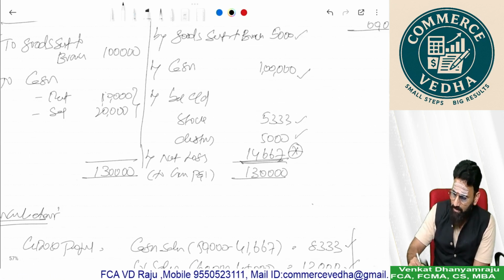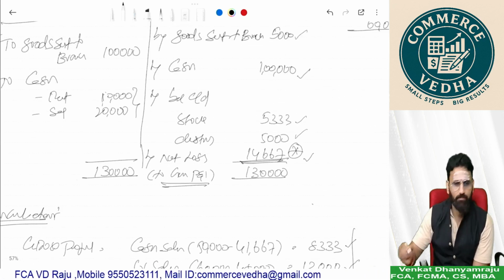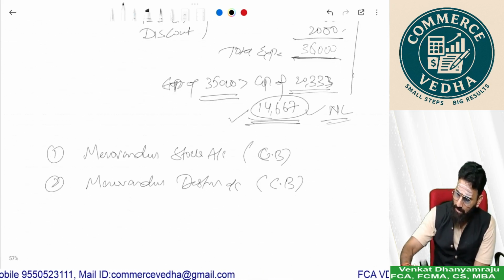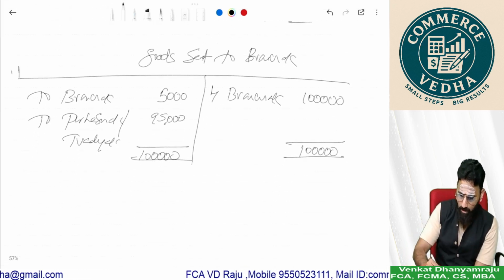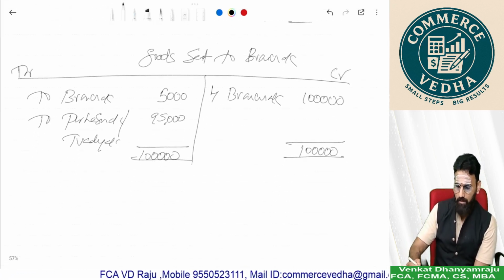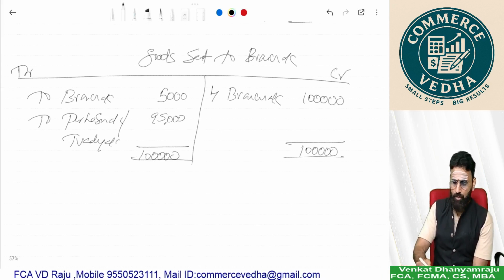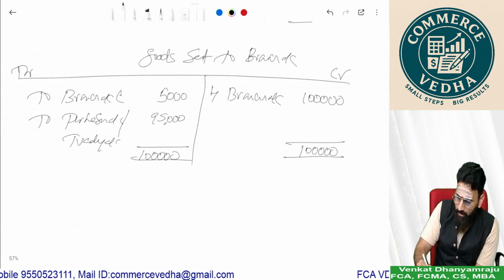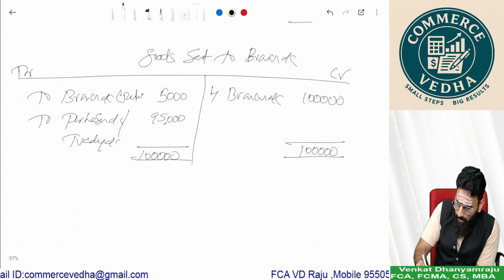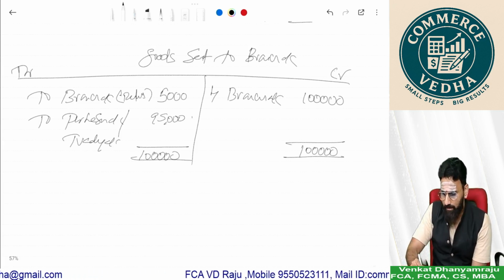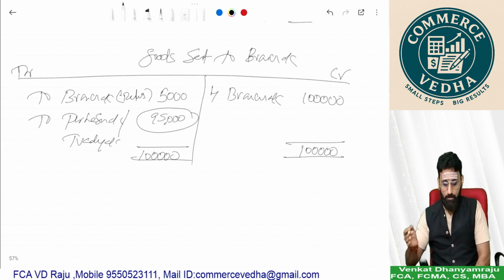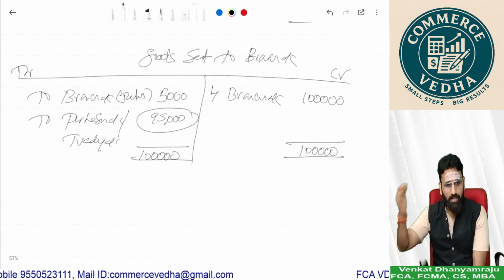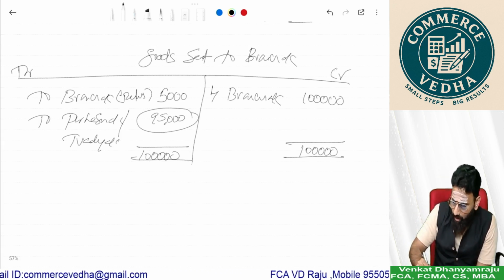That's your general P&L account, net loss. And ultimately we prepare the goods sent to branch account by branch, by returns, and the balance is transferred, debited to goods and credited to purchase or trading account.